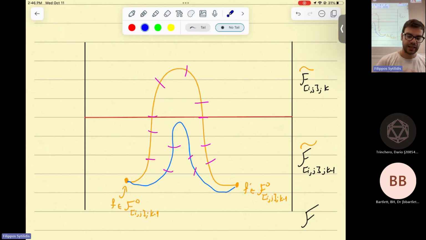In that, I'm showing a generating set for what such paths might look like in terms of their Cerf graphics, so the graphics of their critical values, and an explicit set of moves that you can do to reduce them to paths like the blue one.